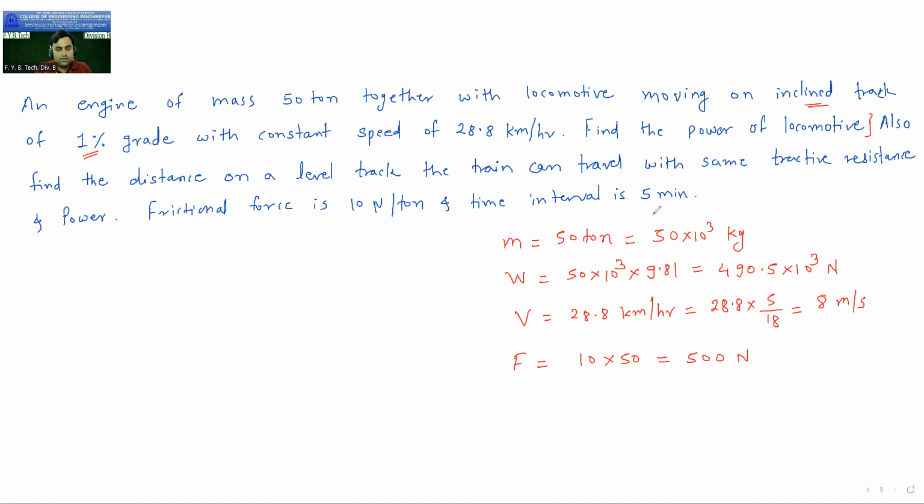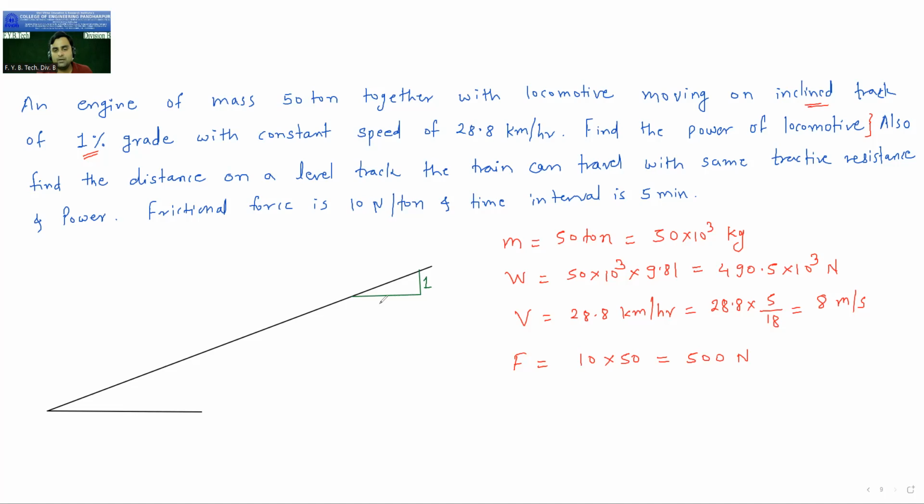So in the first part what we will do now, we will draw the diagram. And the 1% is given grade. 1% म्हणजे किती असतंय? 1 by 100. 1% means it is divided by 100.